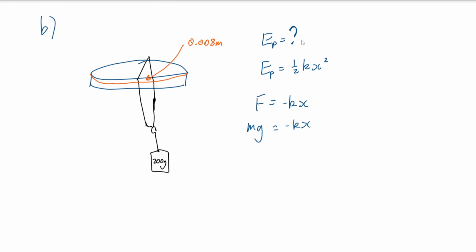The weight force acting on the docking station. And we know what M and G are, right? 200 grams times 9.8. Now, converting to SI units first, 0.2 times 9.8 equals negative K and X, that's 0.008. So we formed an equation where the only thing unknown is K, so we can solve.